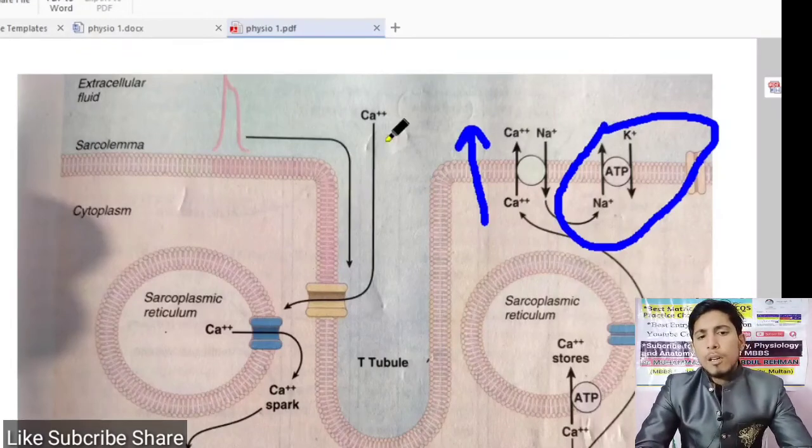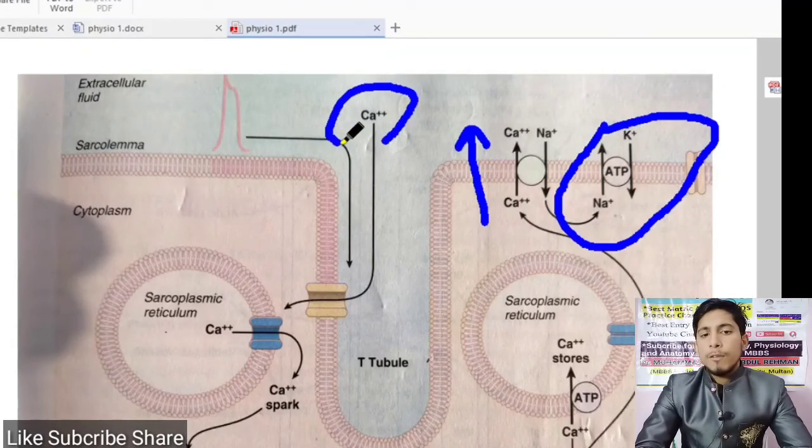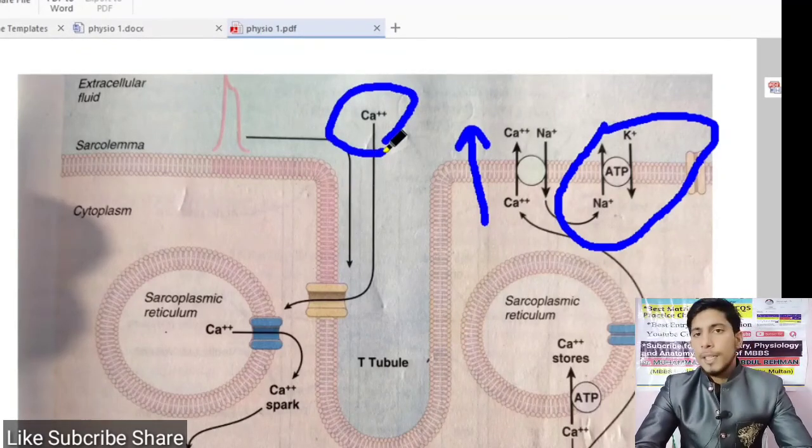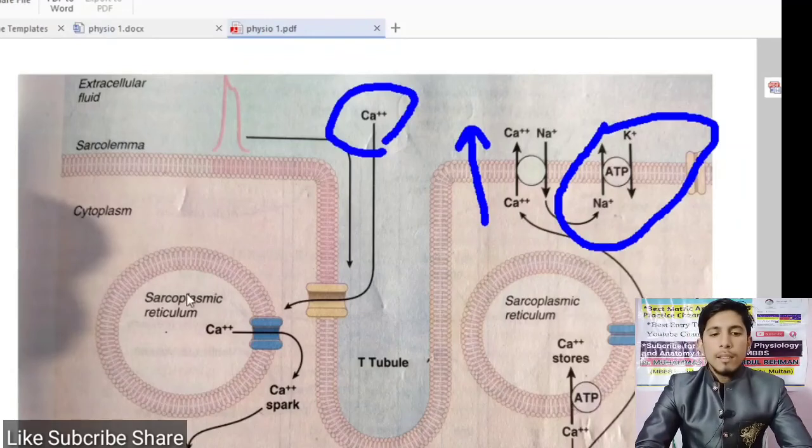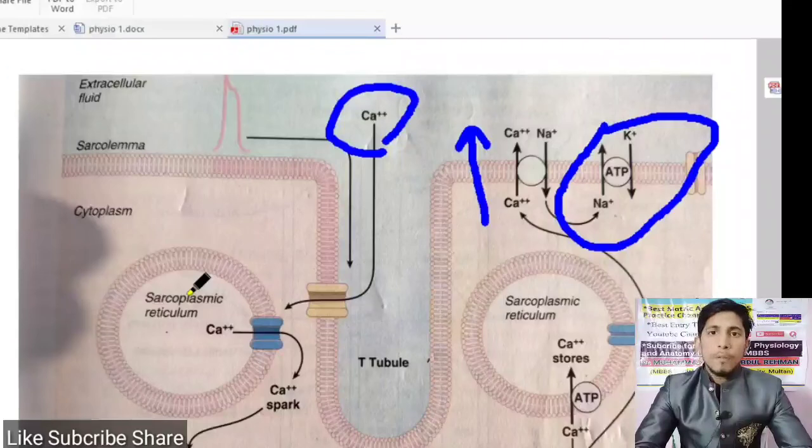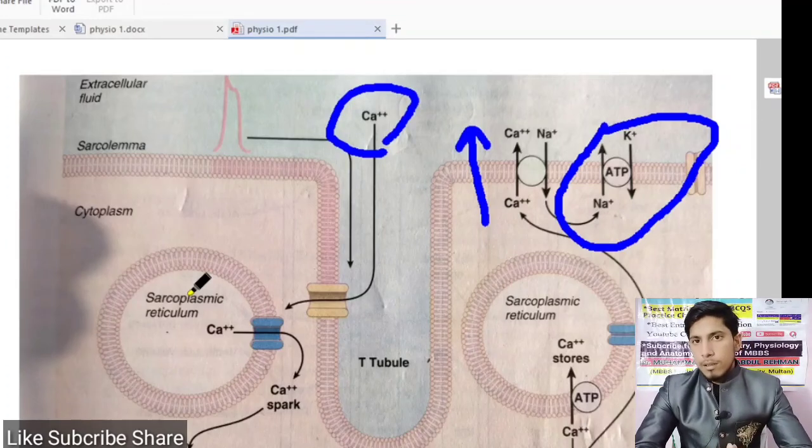The concentration of calcium in the extracellular matrix is very important for cardiac muscles, because the sarcoplasmic reticulum, which is involved in releasing calcium ions, is very thin in heart muscles.